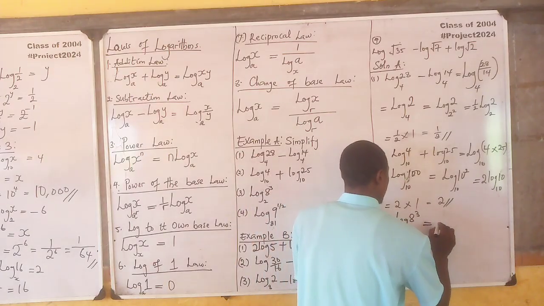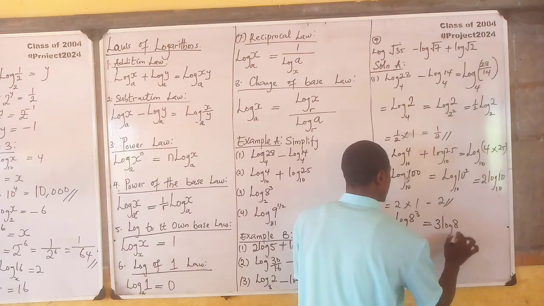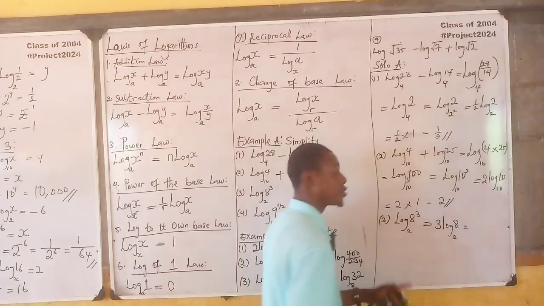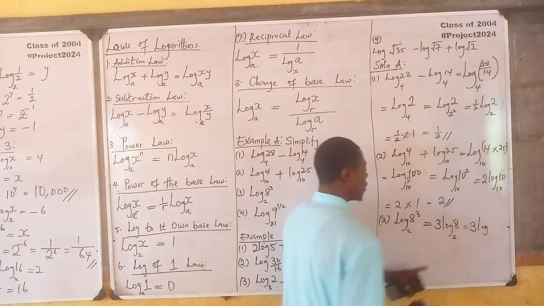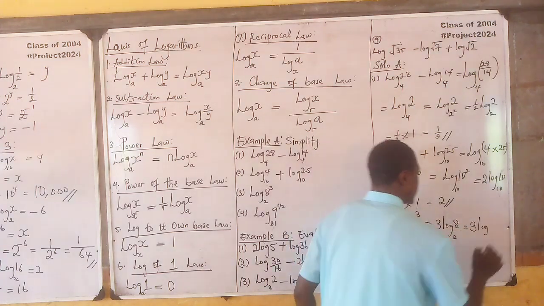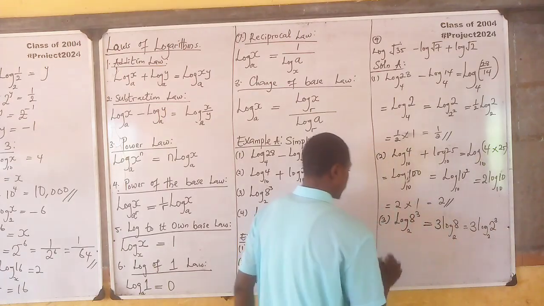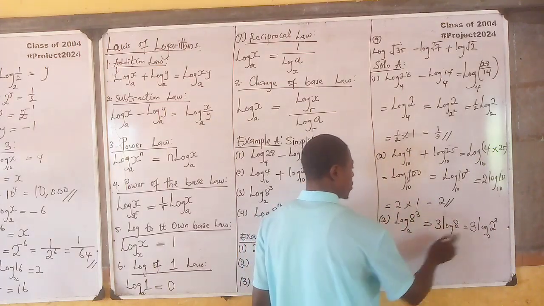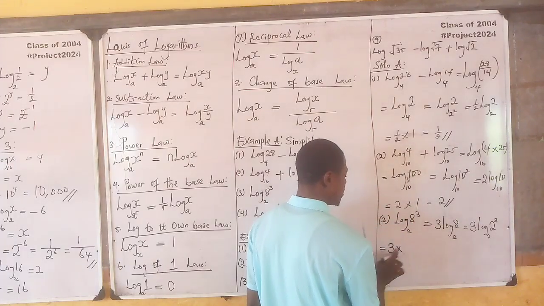So it's going to be 3 log 8 to base 2. We can still do something again. This is the same thing as 3 log of 8, which can be written as 2 raised to power 3, to base 2. Remember, this power can still come again to multiply the 3 that is there before.